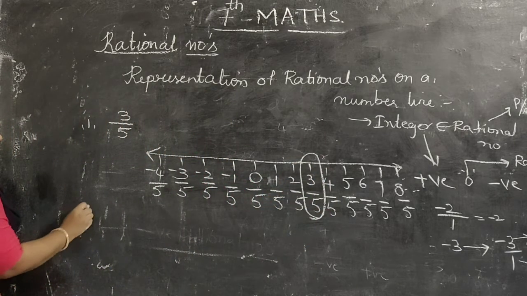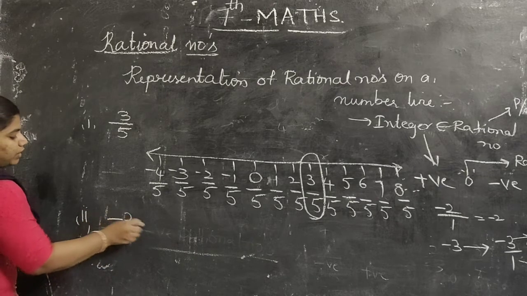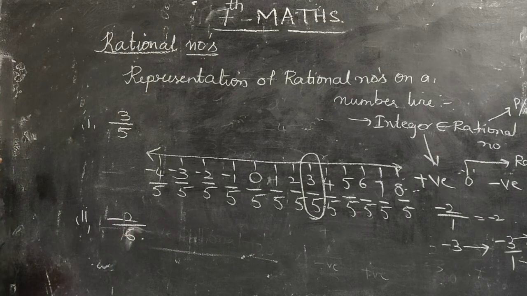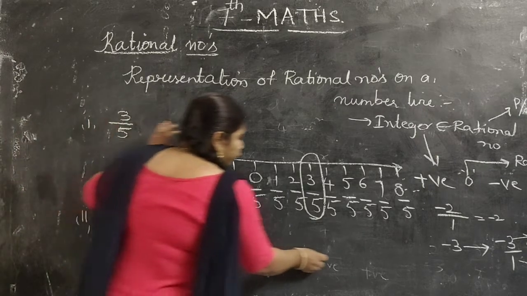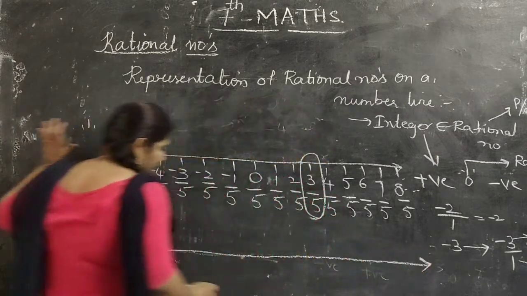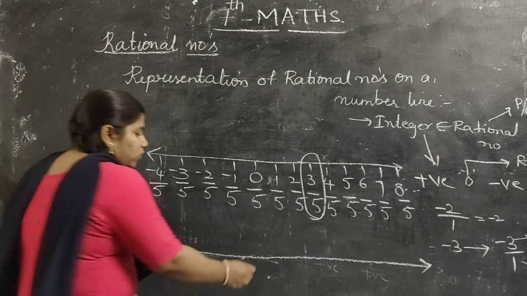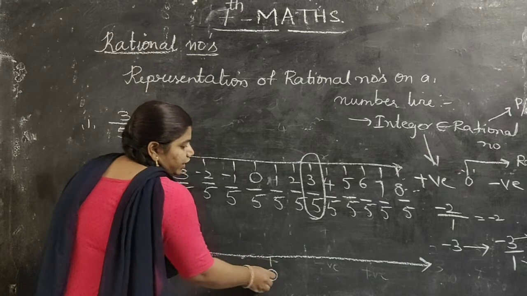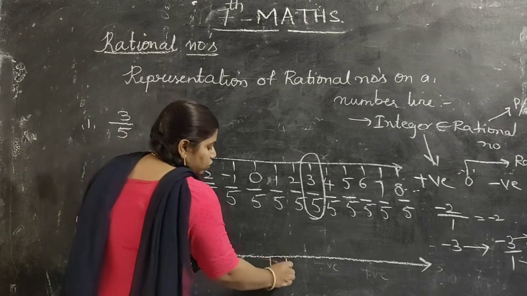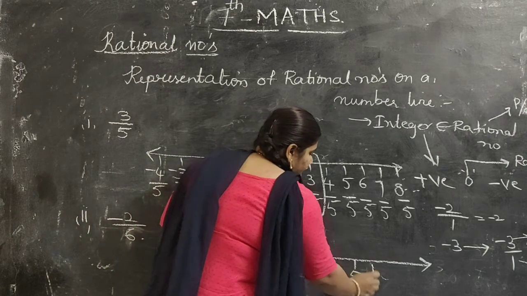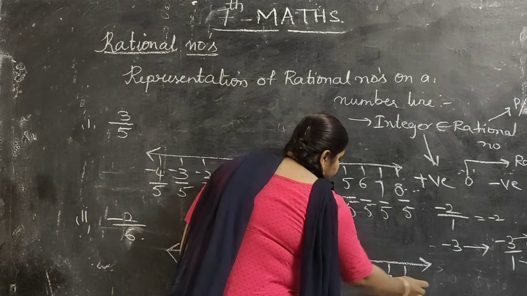In the same way, for the second one, I am taking a negative number, minus 2 by, we will take it as 6. Minus 2 by 6. So again we have to draw a number line which has positive numbers, negative numbers along with 0, because rational numbers will contain negative numbers also. So 0, 1, 2, 3, 4, 5, 6, 7, 8 and so on.